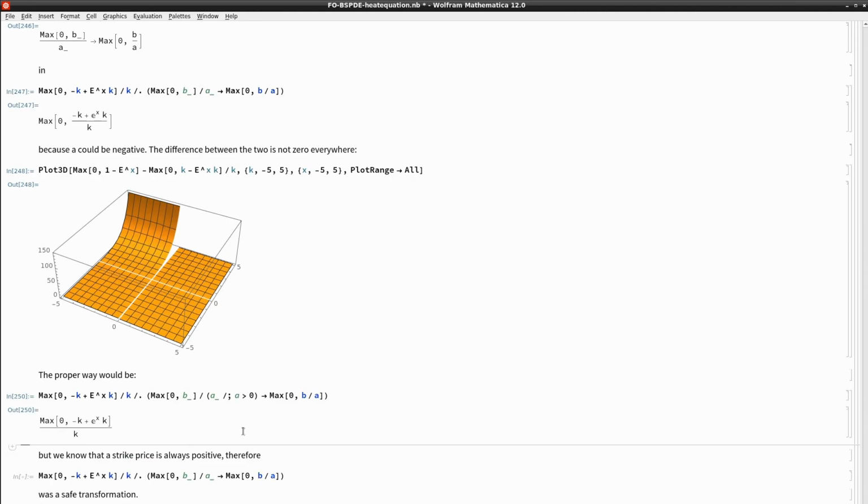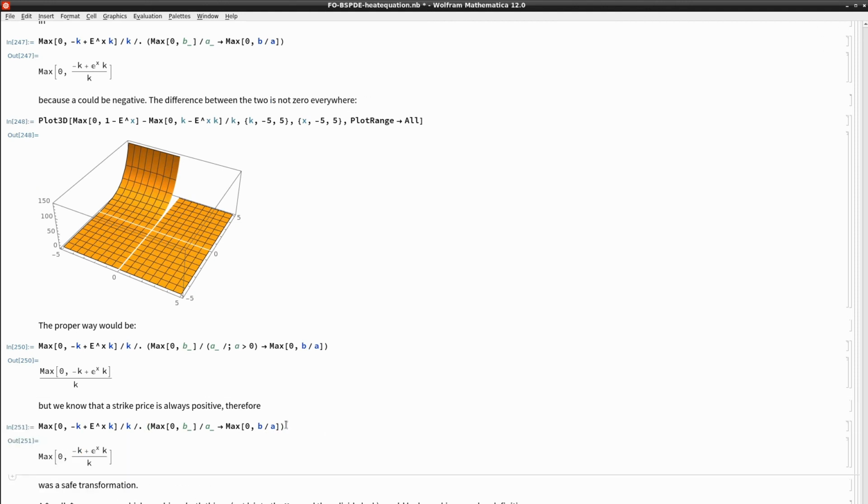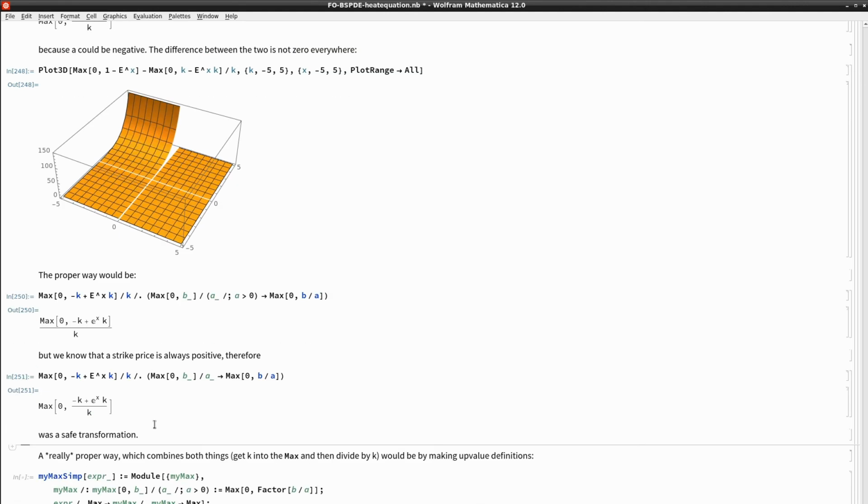And we know that the strike price is always positive. Therefore, performing this transformation here is a legitimate operation. It was a safe transformation that we did here, because we know that the strike price is always positive. And a really totally super proper way to do that, which combines both things, that is getting the K into the Max and then dividing it by K, would be by using UpValue definitions.